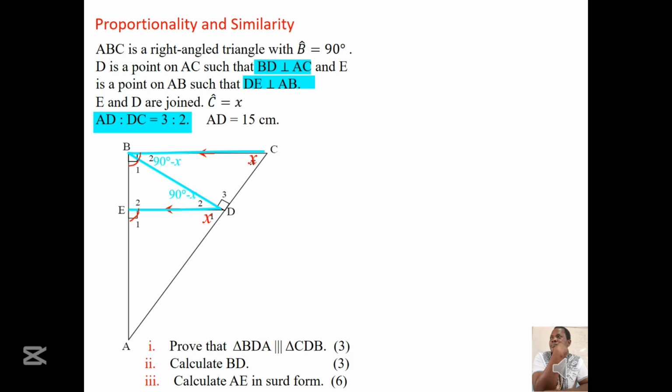Now shift your attention and go to triangle BED. E2 is 90 degrees, angles on a straight line, and we have just discovered that D2 is equal to 90 minus X. We can calculate the value of angle B1 using the idea of angles in a triangle add up to 180. So if we simplify that, it gives us B1 is equal to X. Now we can find angle A using the same idea.